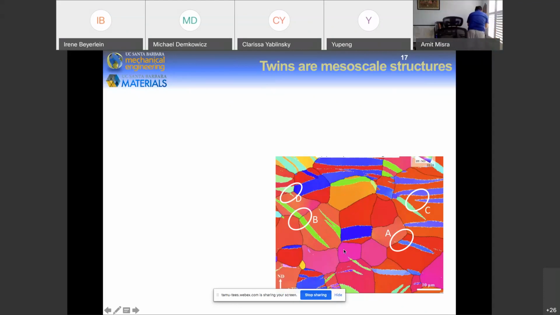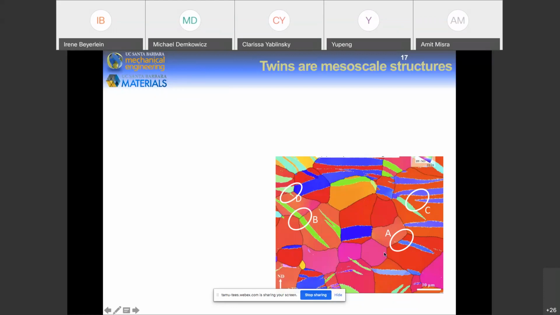Here you can see that this orange grain has two types of twins, and here it has one that's terminated inside. So you can get a lot of configurational information from looking at this image. It is important to recognize that these are twins and how prevalent they are. But as far as the analysis, once someone does the analysis, they can just tell you what kind of twins they are.